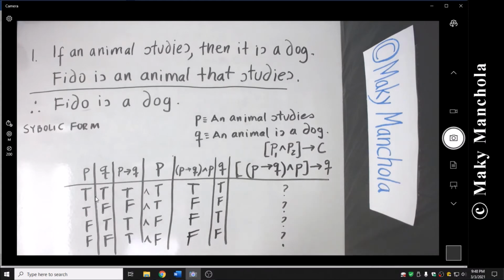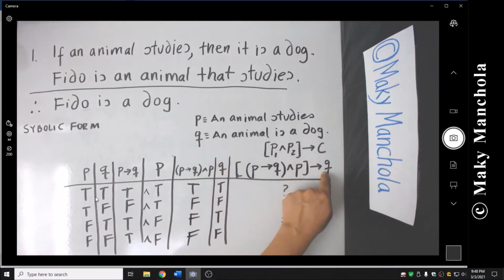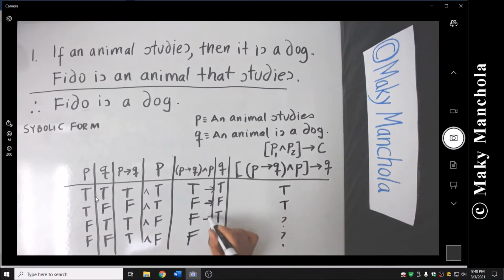Okay, so now that I have my antecedent and my consequent, I am ready for my conditional. True implies true happens to be true. False implies false happens to be true. False implies true happens to be true. False implies false happens to be true.